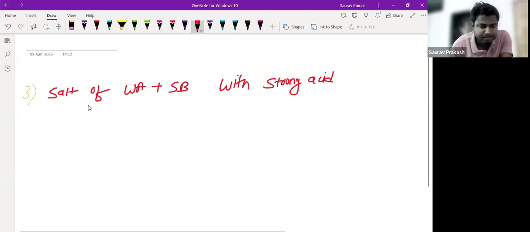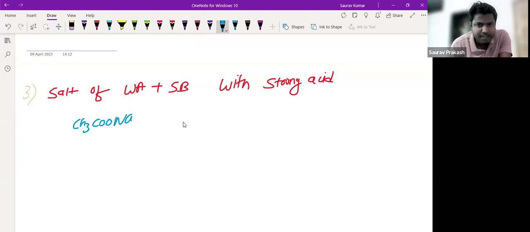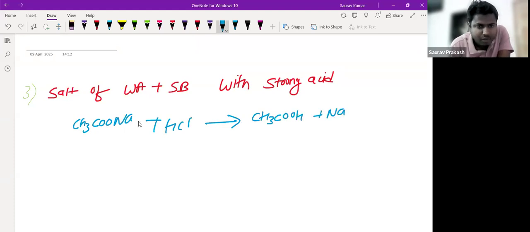So we'll write salt of weak acid, CH3COONa, plus strong acid HCl. It will give CH3COOH plus NaCl.